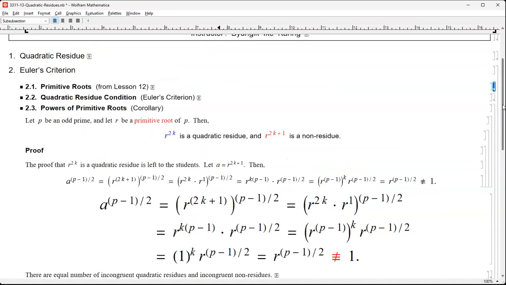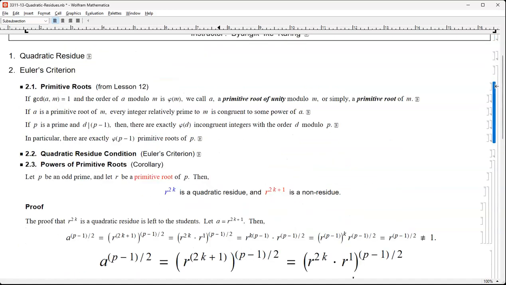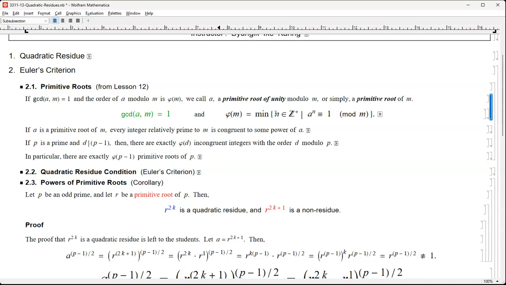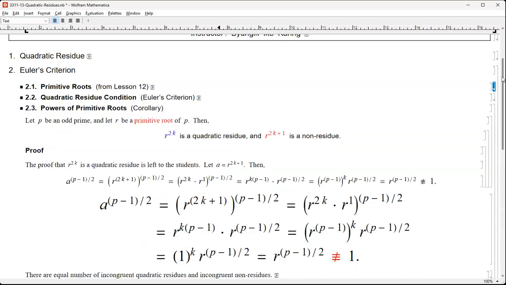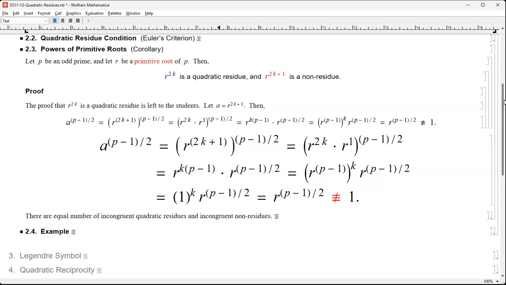Remember, the modular order, the order of a mod p, is the smallest positive integer such that a to that power is congruent to 1. The smallest positive integer is p minus 1, and this is less than the minimum, so we cannot have 1.